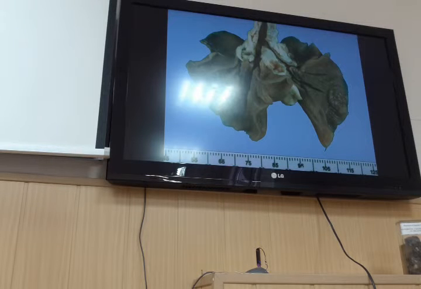Lymph nodes in the lung hilus are enlarged, soft, with yellowish-white masses. Lymphangitis with small grayish foci along lymph vessels.